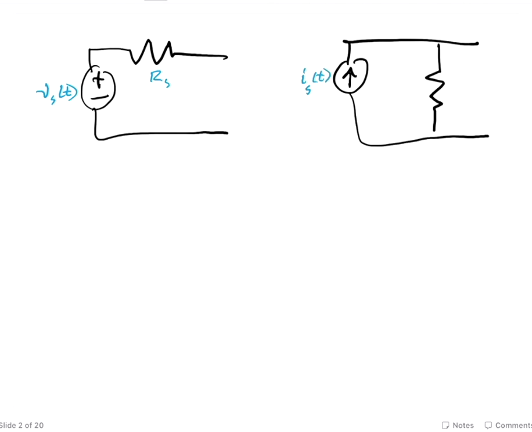The s here means source, and we have exactly the same source resistance. We've got an output voltage and an output current here. So they're totally equivalent. They're the same thing. It just matters when we use them.